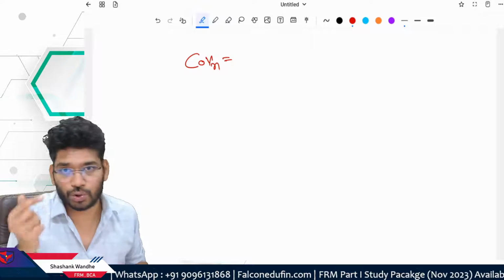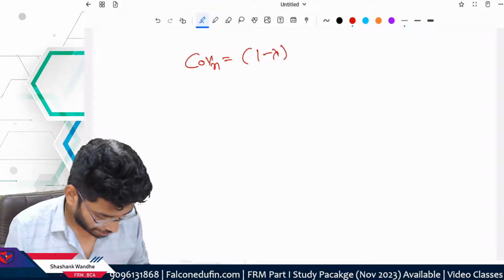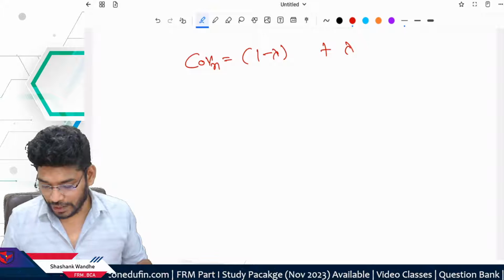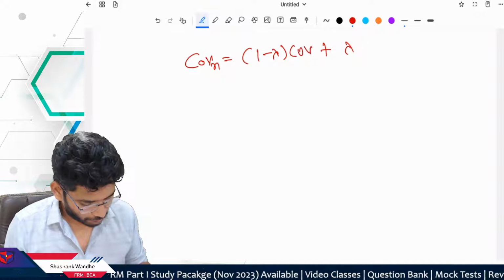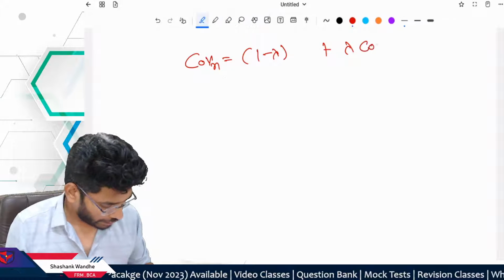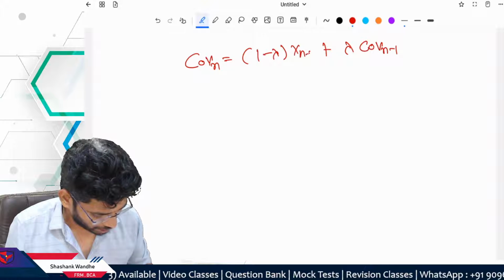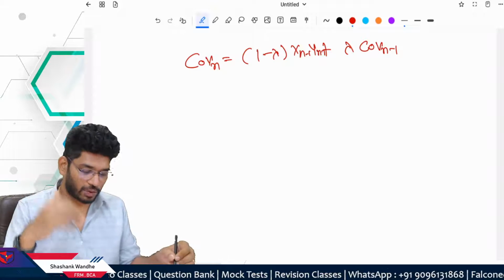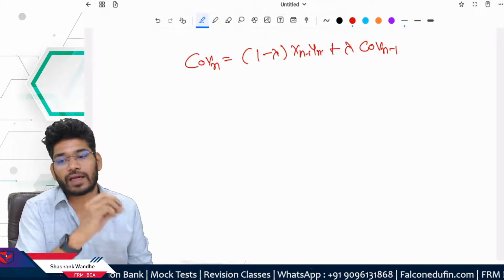Today's covariance is equal to (1 minus lambda) times x n minus 1 times y n minus 1, where x is the value at n minus 1 and y is the value at n minus 1, and then simply add lambda multiplied by yesterday's covariance, the covariance of n minus 1.